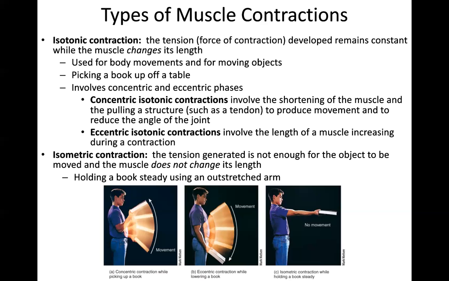When we think about athletics, most sports utilize isotonic contractions, like throwing a baseball, jumping and spiking a volleyball, shooting a basketball. Joints and motion are occurring. But there are sports that utilize a lot of isometric contractions. Think of any?